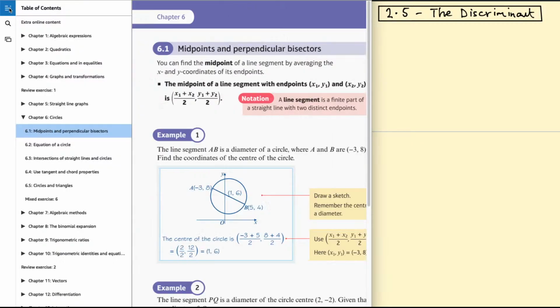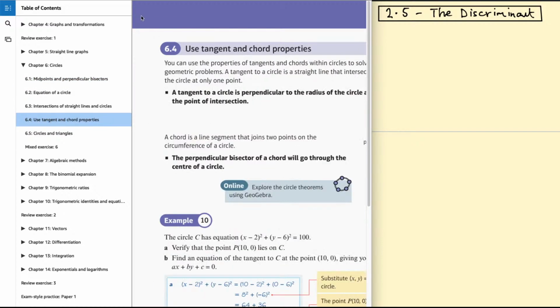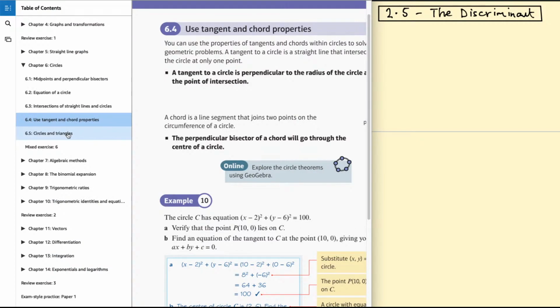That's not of circles. The equation of a circle, which you've probably seen in GCSEs. The intersection of straight lines and circles. That's still GCSE stuff. This might be new. The perpendicular bisector of a chord will go through the center of the circle. So tangent and chord properties, that's something new that comes up in chapter 6.